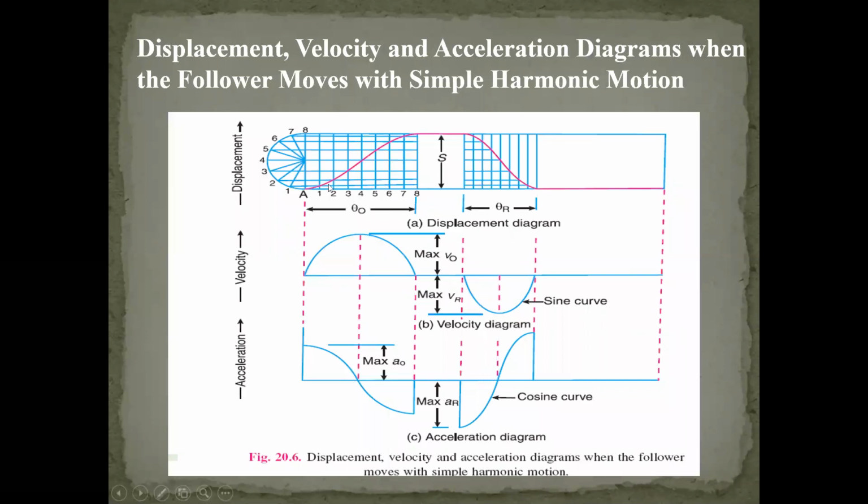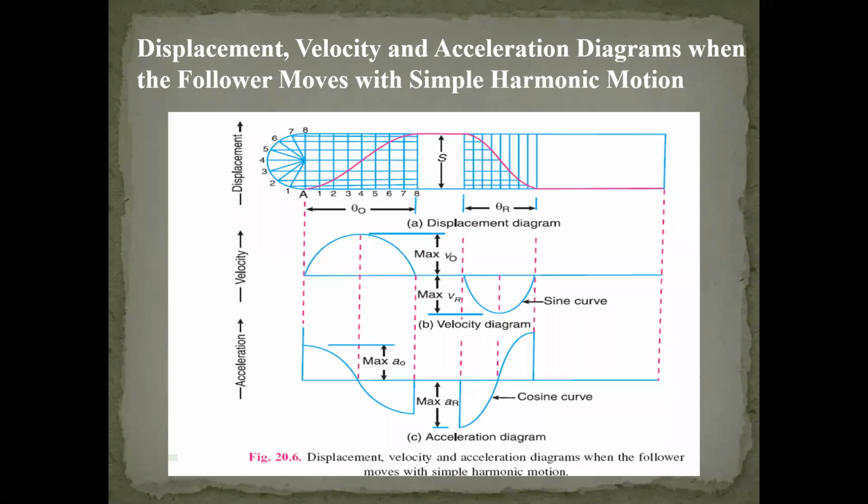Those portions are divided into an even number of equal parts. For example, let us take our outstroke period as 90 degrees, a small assumption. Our theta naught value is 90 degrees. So 90 degrees by 6 gives 15 degrees each.